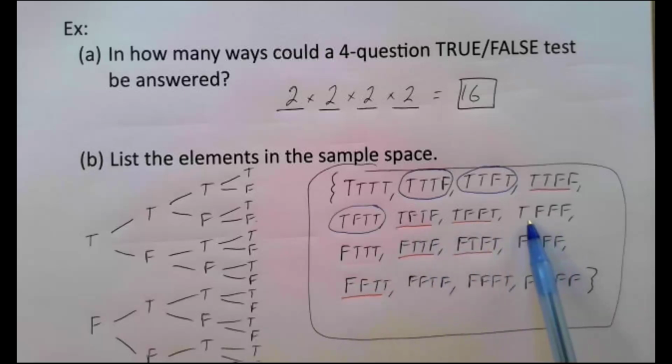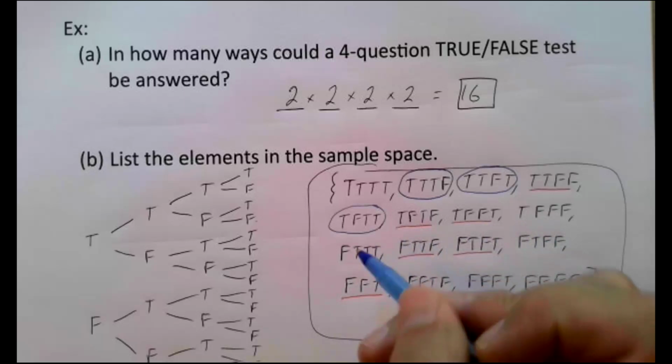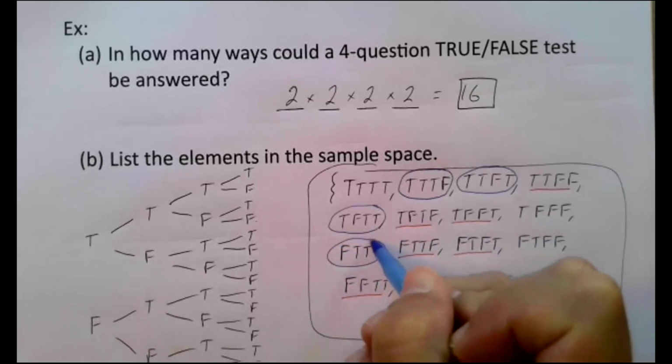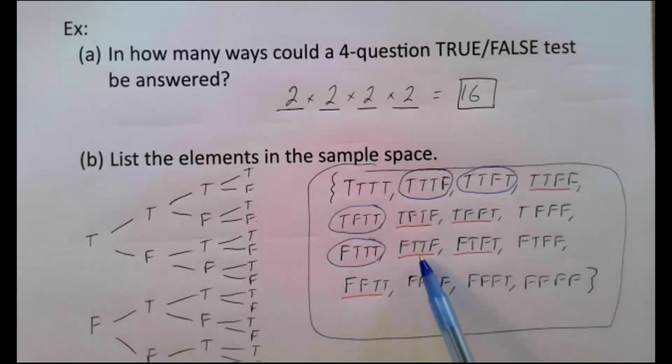That has 2, that has 2, that only has 1. This one has exactly 3 trues right there. 2 trues, 2 trues, 1 true, 2, 1, 1, 0. I think it might be just those 4 out of the 16 that have exactly 3 trues in it.